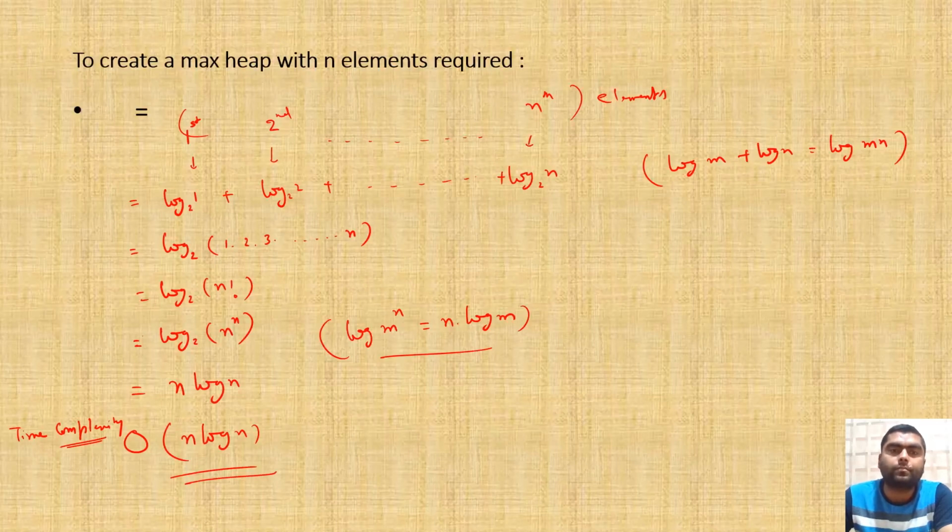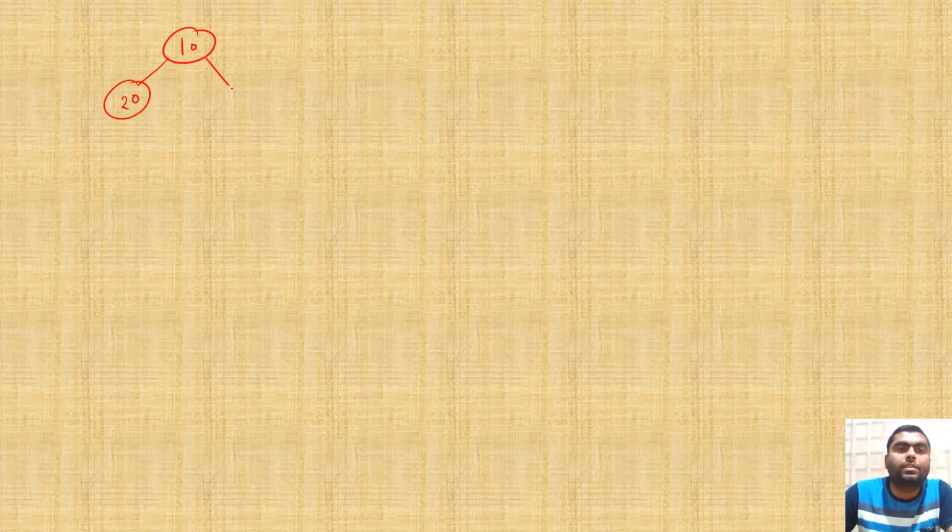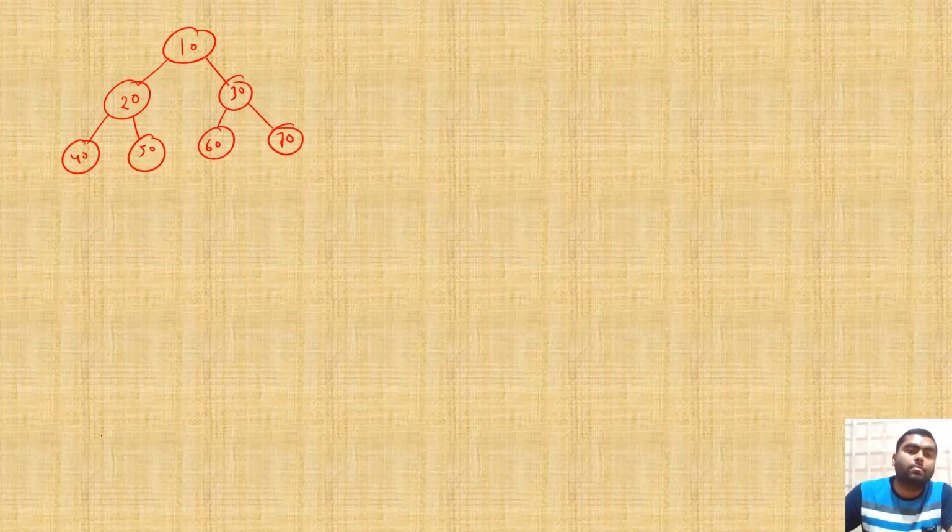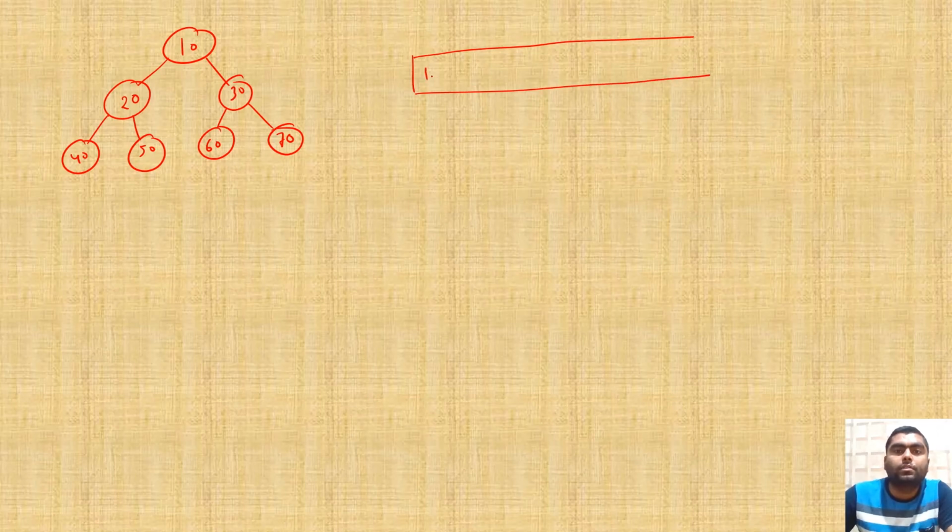Okay, now one interesting thing which I am supposed to tell you. Let us suppose this is a min heap tree. Let us suppose 10, 20, 30, and this is 40, 50, and 60, and 70. So if you see the array implementation of this, what is the array for this? Like this, it is 10, 20, 30, 40, 50, 60, and 70.